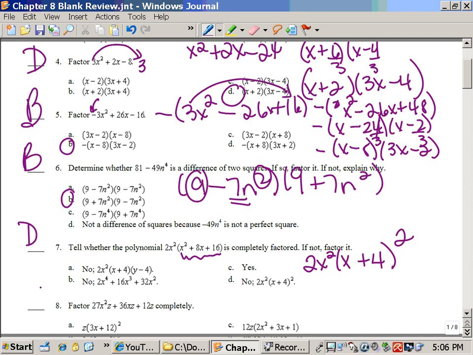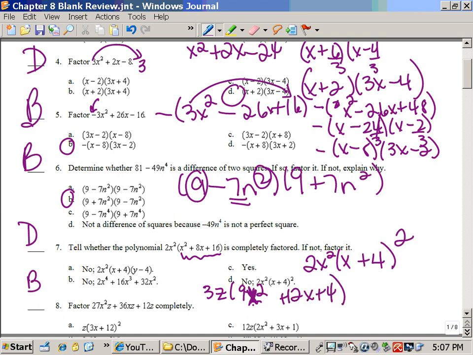Number 8, the correct answer is B. I need to factor this completely. I notice that they all have a 3 and a z in common. That leaves me with z squared, oh, excuse me, I was right, x squared plus 12x plus 4.